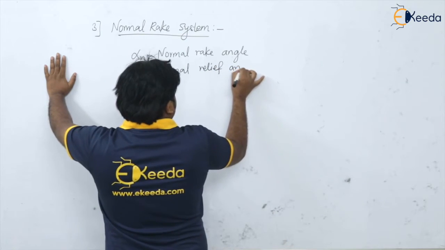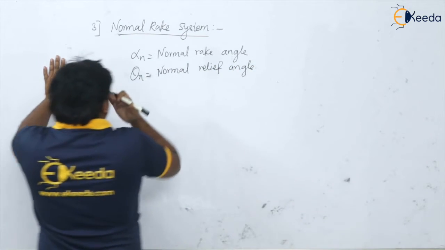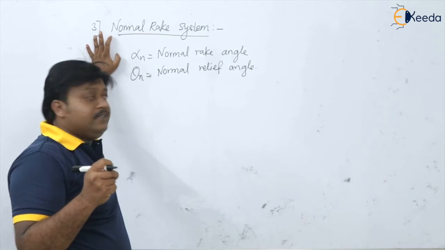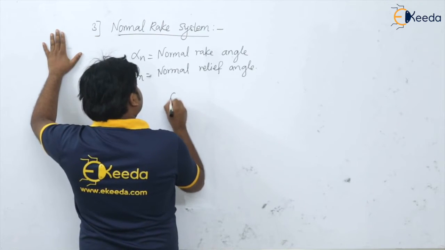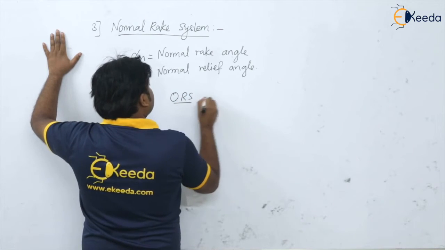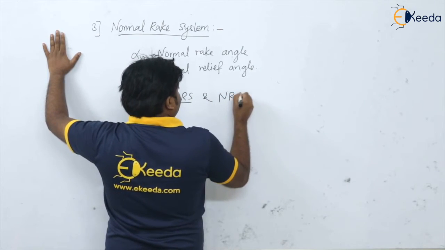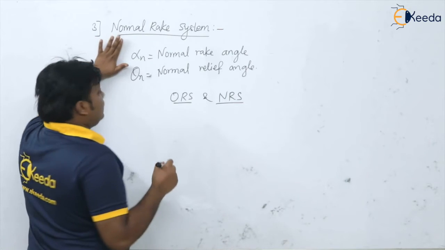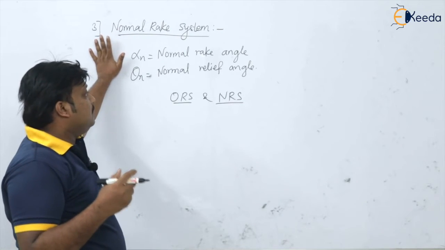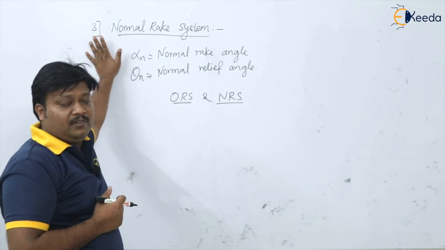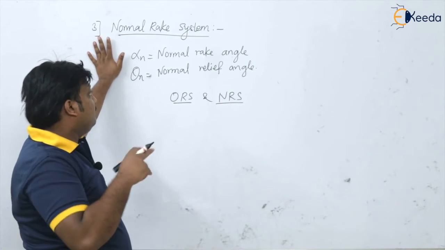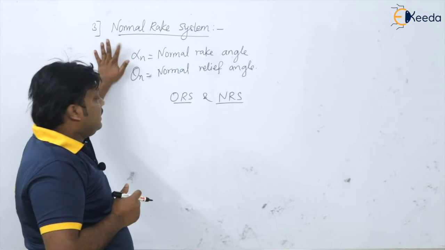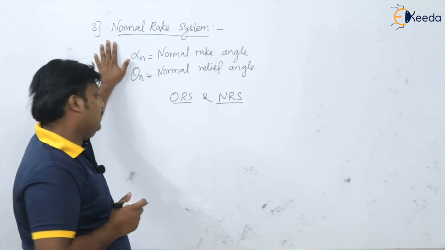There is a relation between the ORS and NRS. In the NRS, the shear plane in metal cutting is taken as the reference, and with that we measure the normal rake angle and normal relief angle.